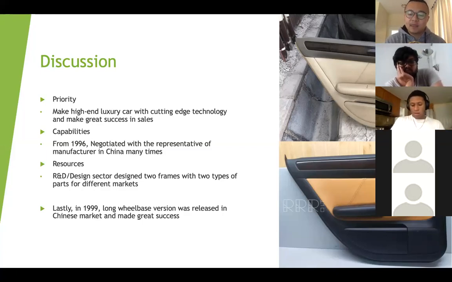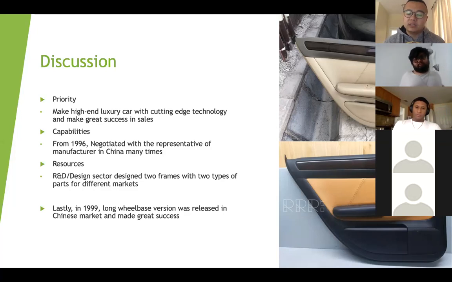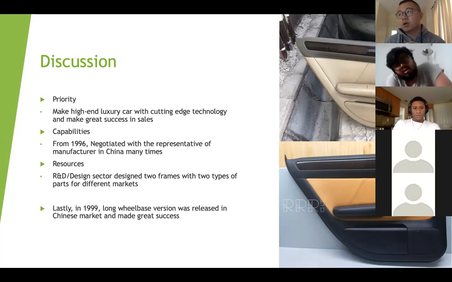It's not a Camry or a Toyota. If you want to make a luxury car, you need to change every detail. Even changing the structure a little to make the car safer or more comfortable means the different sectors of the company have to move together, and they need to design two frames or two platforms for this car.